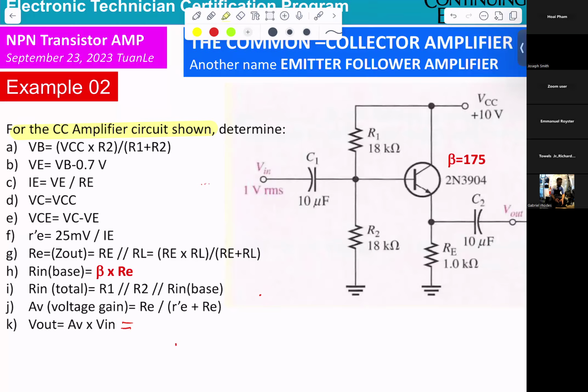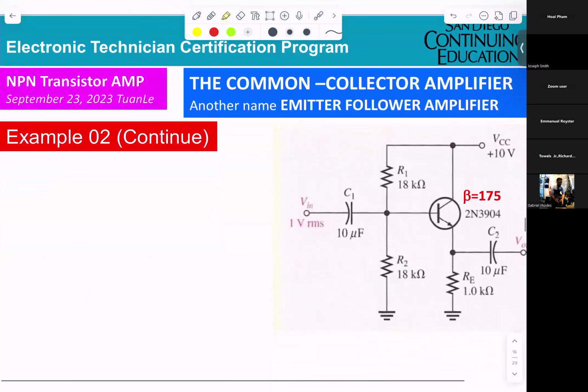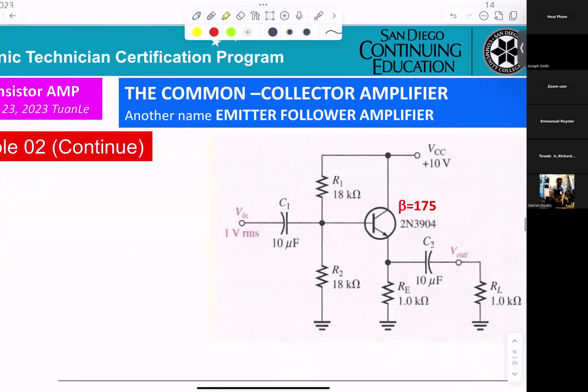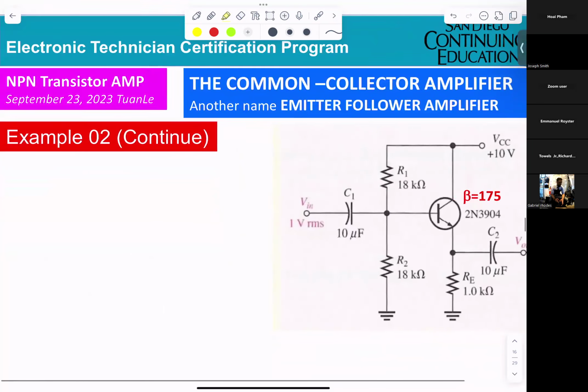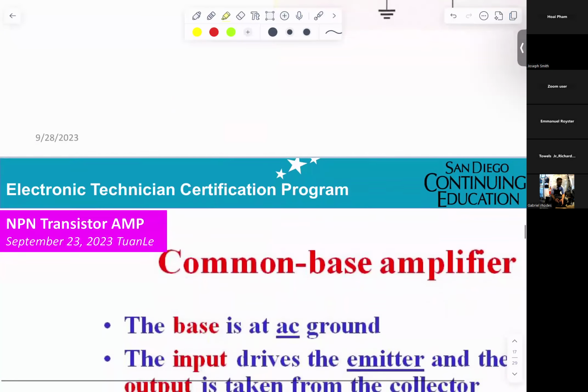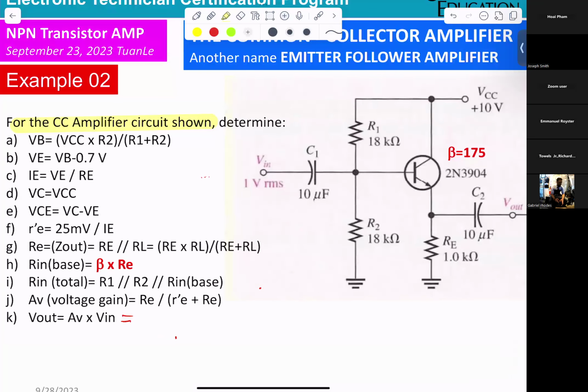If you get the time, try your best to see if you can get that. Let's see, there is another one for common collector. If you get time, try to do the calculation. Same thing here.